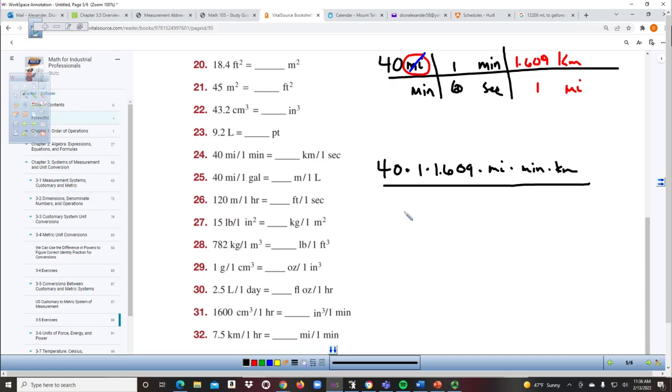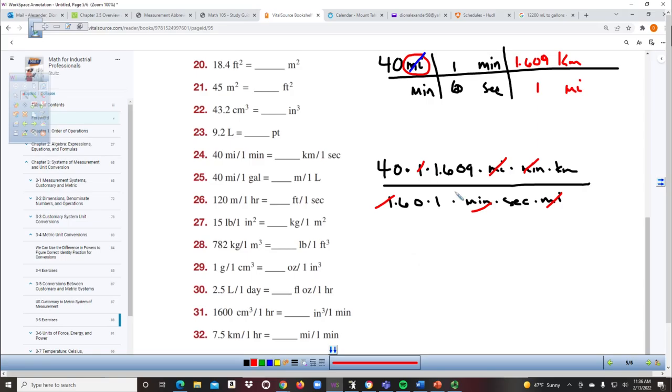And so that's going to be over 1 times 60 times 1. Then I have a minute, I have a second, and I have a mile. Remember, in fractions, if it's in a numerator and a denominator, you can cancel it. Technically you can cancel the 1 if you want to.